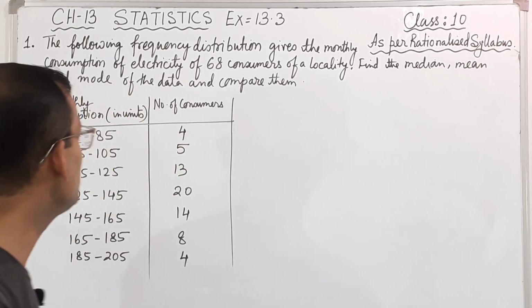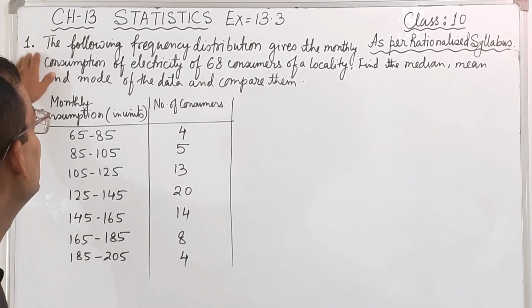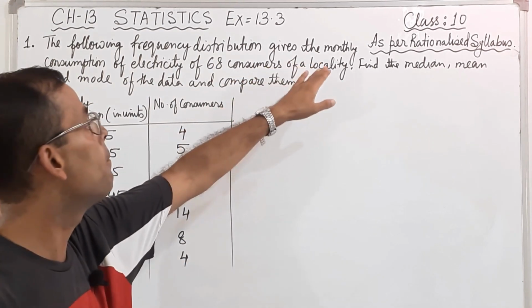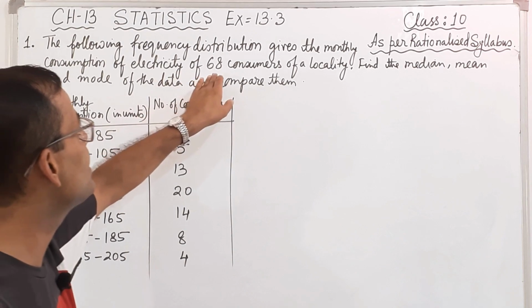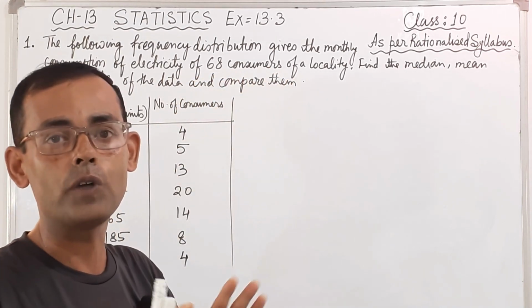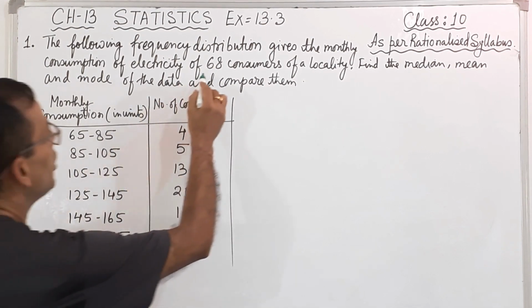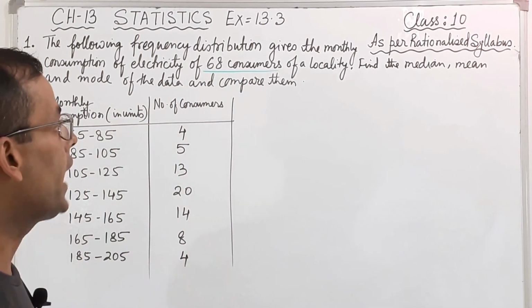Okay. Now today we are going to solve question number 1. So let us see what they are telling us in the question. The following frequency distribution gives the monthly consumption of electricity of 68 consumers of a locality.